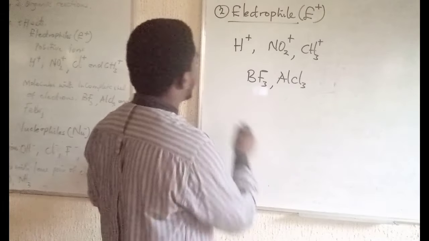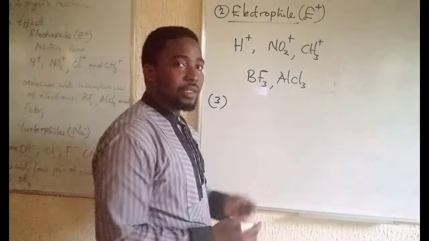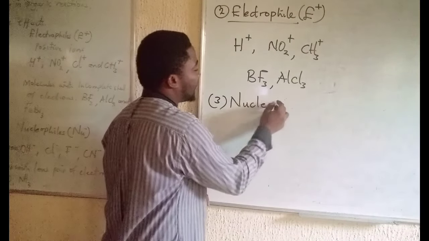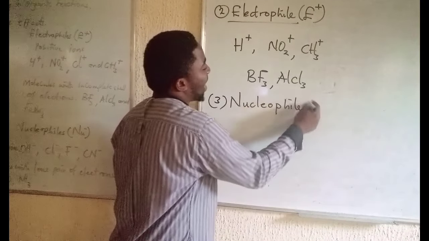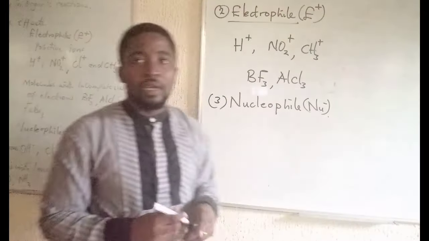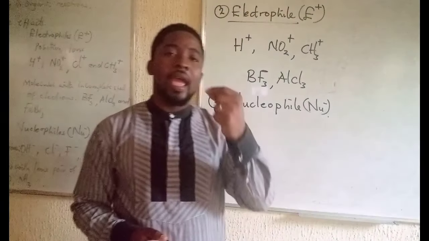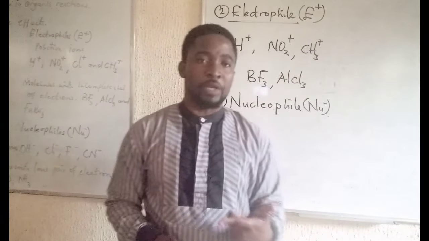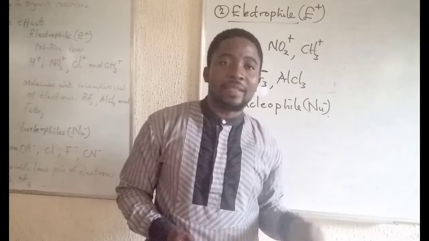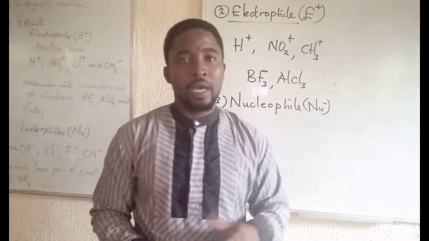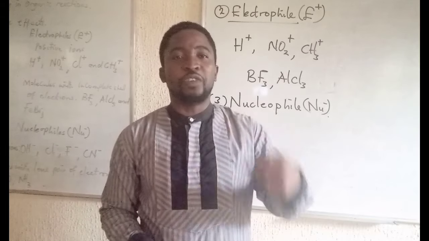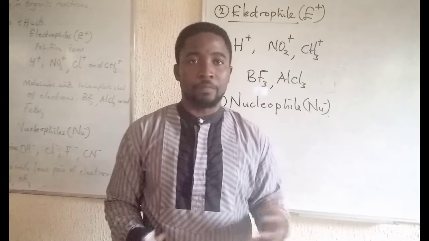Now let's go to the third type of organic reagent, which is the nucleophile. Nucleophile has the symbol Nu-. As the name implies, it is an electron-rich chemical species which attacks an electron-deficient center during a chemical reaction.